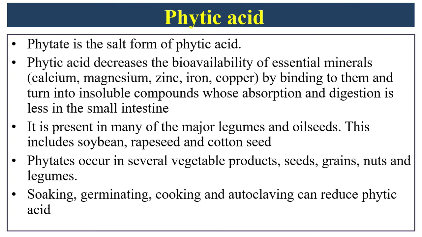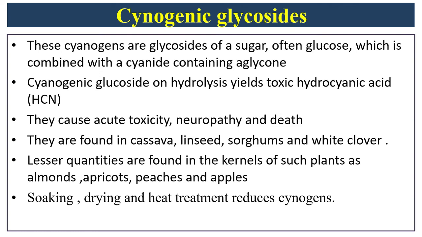Soaking, germinating, cooking, and autoclaving can reduce phytic acid. Cyanogenic glycosides. These cyanogens are glycosides of a sugar, often glucose, which is combined with a cyanide containing aglycone. Cyanogenic glycosides on hydrolysis yield toxic hydrocyanic acid, HCN.